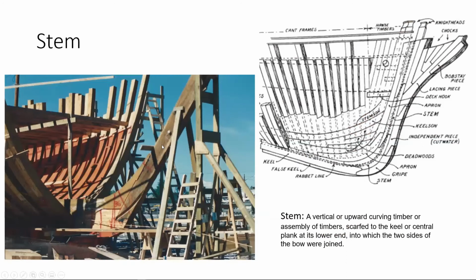So here we're looking at the stem. To the right is a drawing from a clipper ship that I was able to find, and on the left is a picture of Niagara's stem being built. The stem is sometimes referred to generally as that part of the ship, but it is also a specific timber, which we're looking at right here.